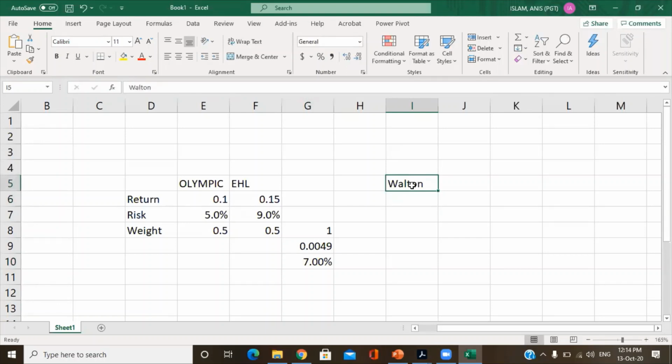When I'm considering whether Walton is to be included in my current portfolio or not, I need to consider the correlation of Walton. What is the correlation of Walton with Olympic? What is the correlation of Walton with Eastern Housing Limited? In that case, I will be able to reduce the portfolio risk. Otherwise, it will not be possible. Have you got the simple point?